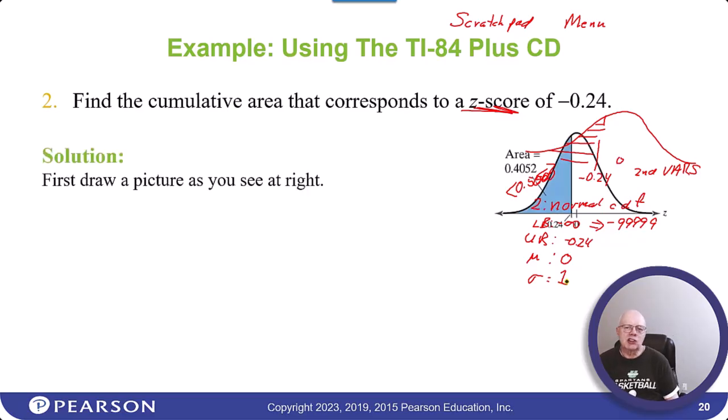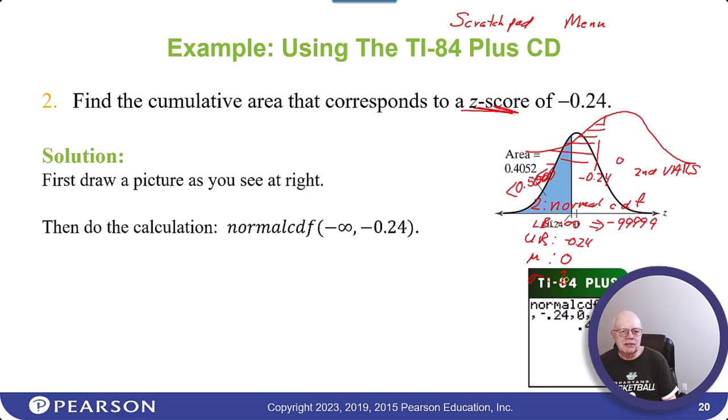So there's the picture. Do the calculation. And from this note, remember, because it's the z-score, you don't need to put in the 0, 1, but I think it's a safe thing to do. Even your calculator puts it in even though you didn't enter it.